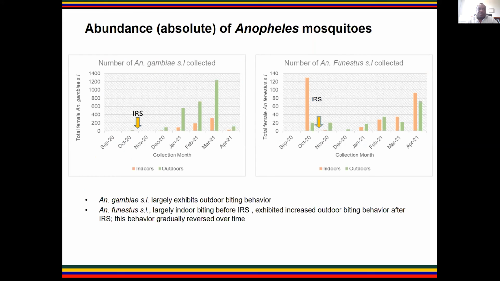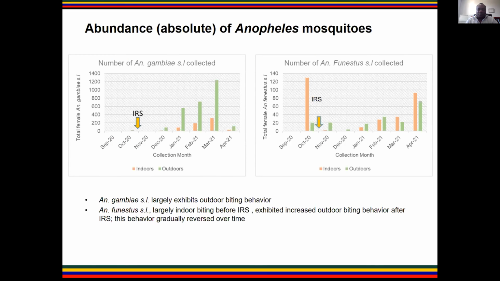The graph on the left is highlighting the general absolute numbers of Anopheles gambiae collected from the 2 sites, and the one on the right is Anopheles funestus. Basically, the key things from these 2 is that gambiae largely exhibited outdoor biting, while funestus was indoor biting.